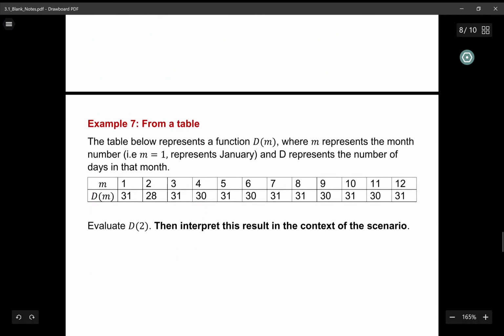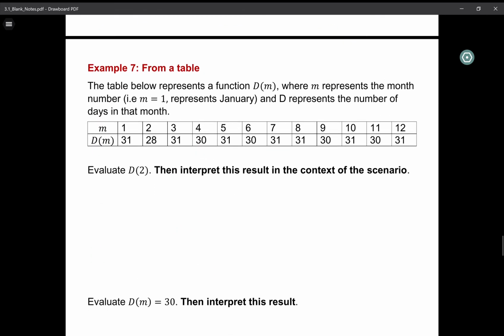All right. Let's see if we can do inputs and outputs, not from an equation using function notation, but using function notation while reading the values from a table. So the table below represents a function d of m, where m represents the month number, i.e. January is 1, February is 2, and d represents the number of days in that month.